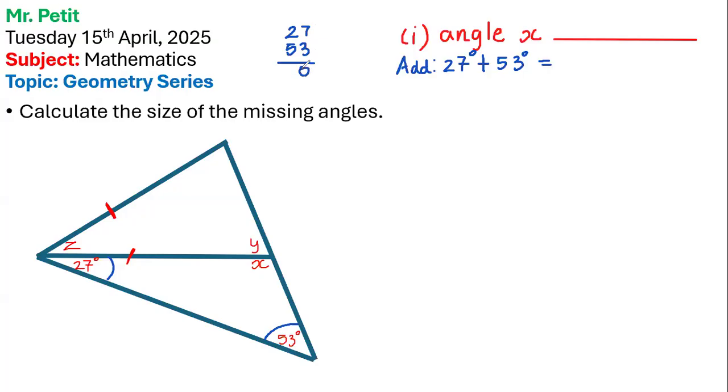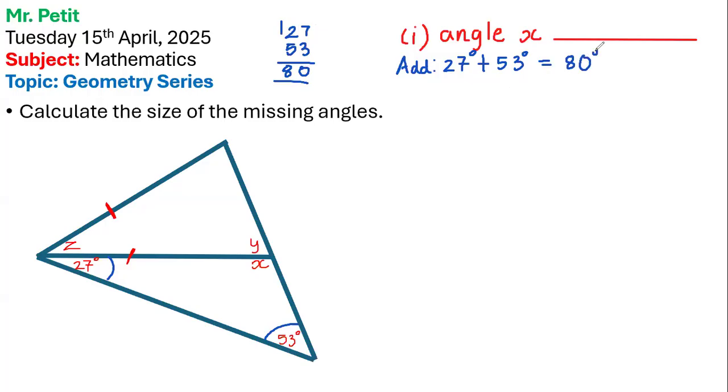Put the 0 down, put the 1 up. 5 plus 2 is 7, plus 1 is 8. So it's 80. You're right, it is 80 when we add them. The sum of 27 and 53 is 80 degrees.